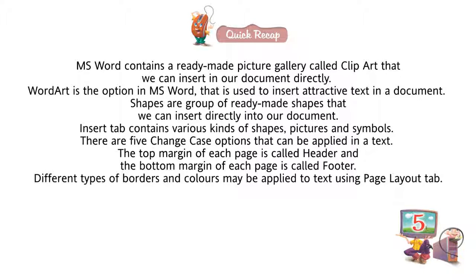Insert tab contains various kinds of shapes, pictures and symbols. There are 5 change case options that can be applied in a text. The top margin of each page is called header and the bottom margin of each page is called footer. Different types of borders and colors may be applied to text using Page Layout tab.